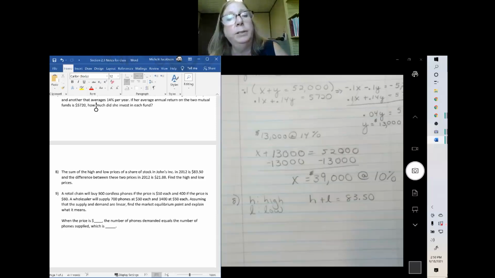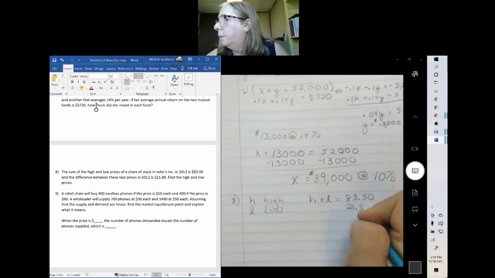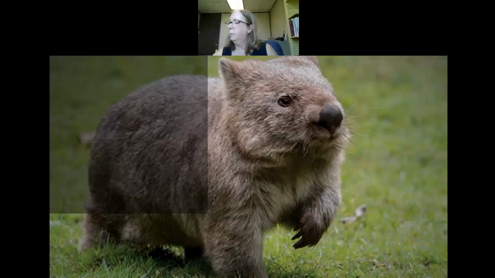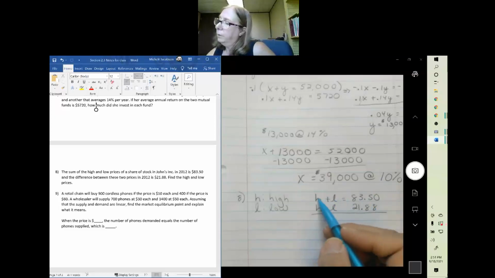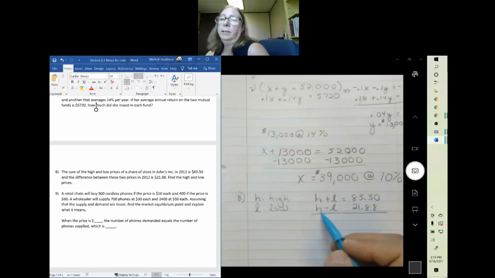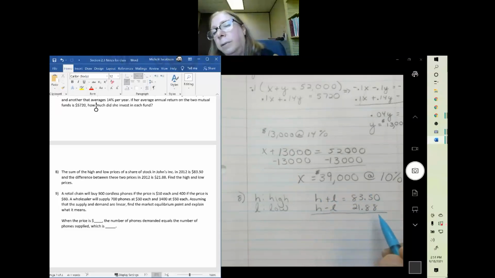The difference between the two is 21.88. Difference means to subtract. So when he adds the high and the low stock, he gets 83.50. When he subtracts them, he gets 21.88. And we want to know what's the price of the high and the low stock.